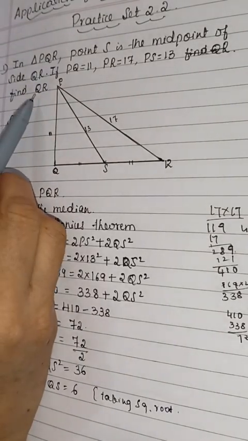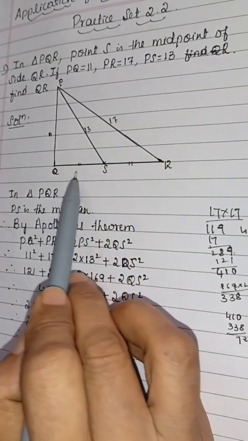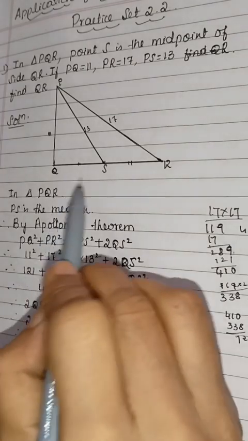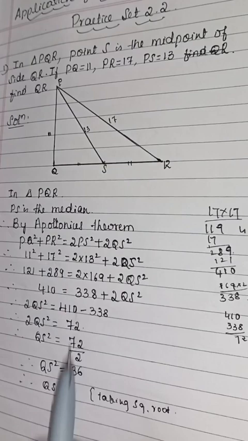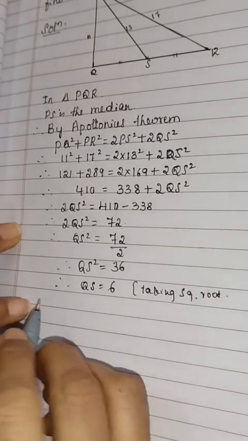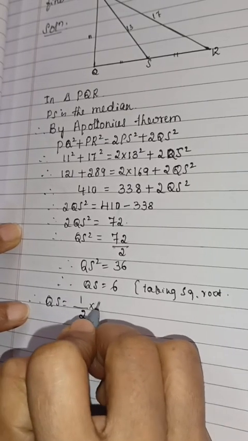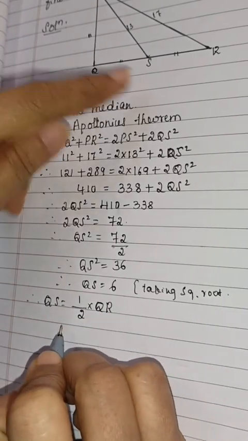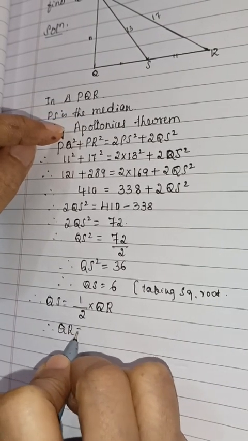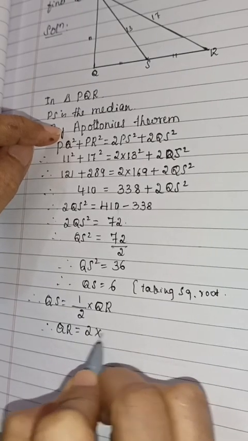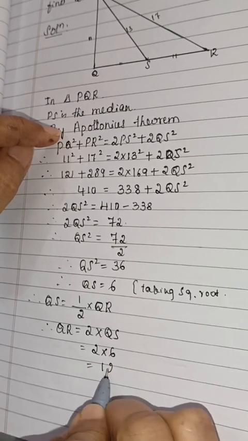What is the question? Find QR. We have to find out QR. Here QS is 6. So QS is half of the QR, now we need QR. QR is 2 into QS, that is 2 into 6, that is 12.